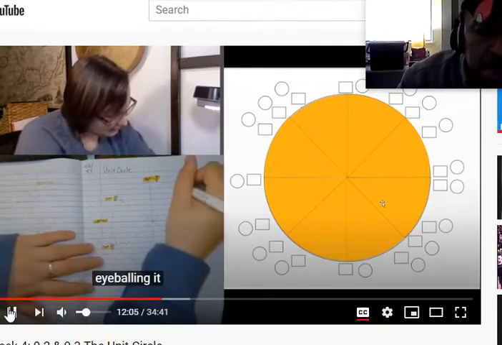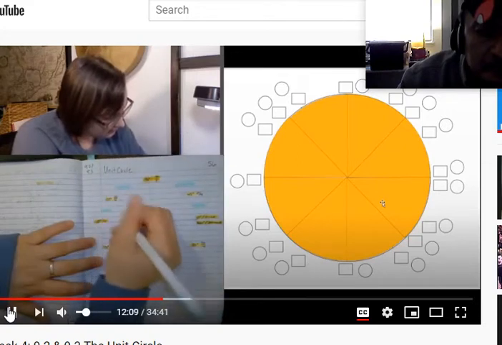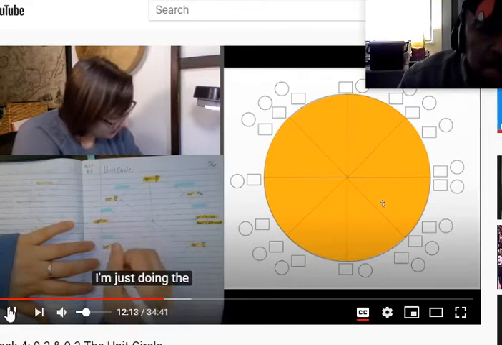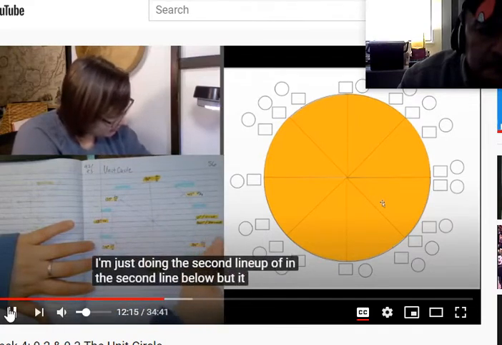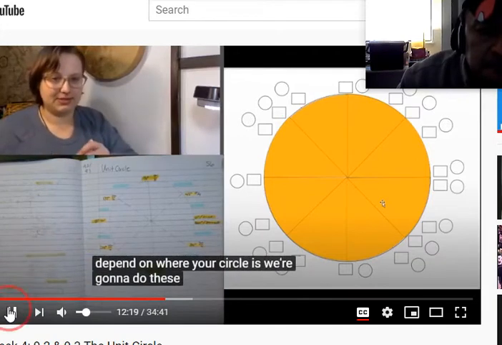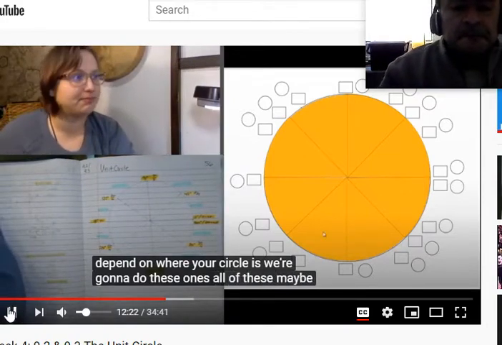I'm eyeballing it. I'm just doing the second line above and the second line below, but it really will depend on where your circle is.